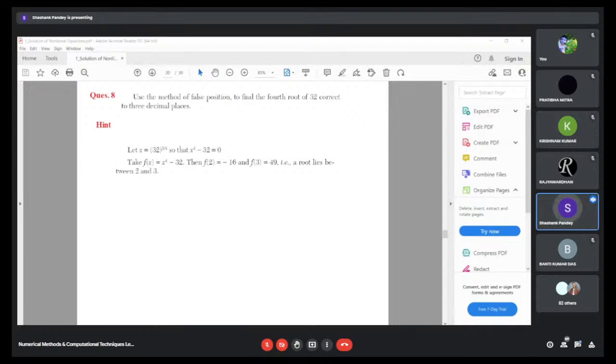So one of the roots is lying in the interval between 2 and 3.